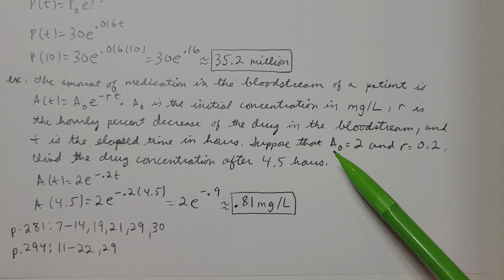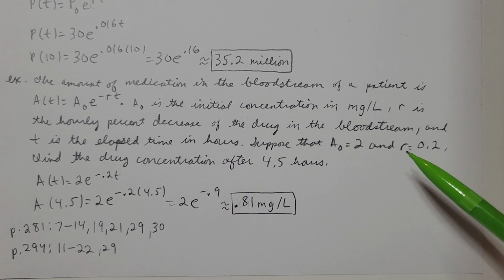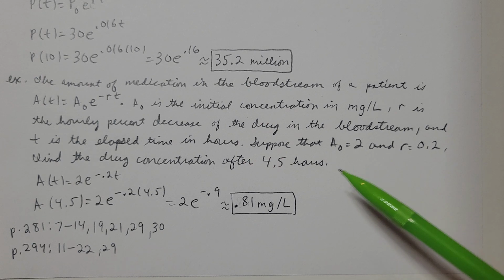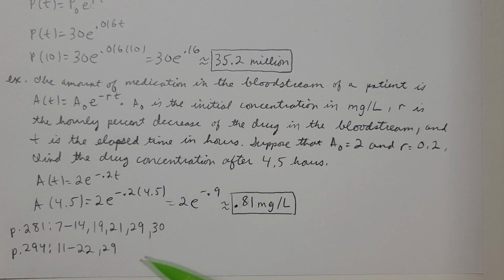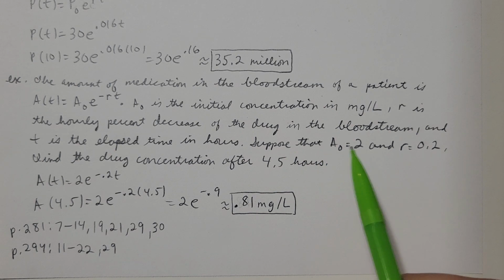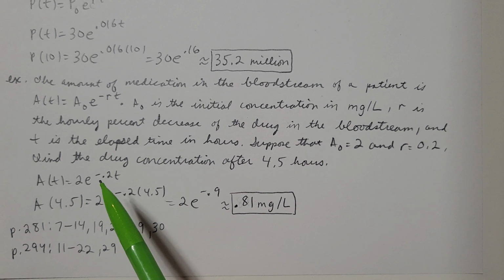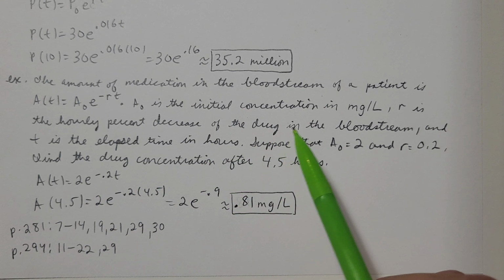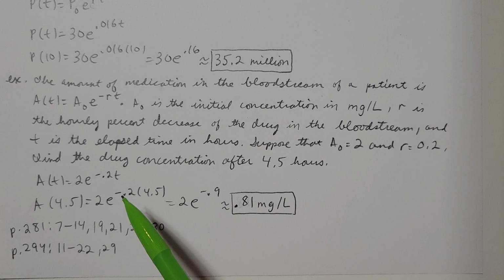Suppose also that A sub 0 is 2 and r is 0.2. Find the drug concentration after 4.5 hours. Okay, so A sub 0 is 2, so I inject 2 milligrams per liter of this stuff into the bloodstream.